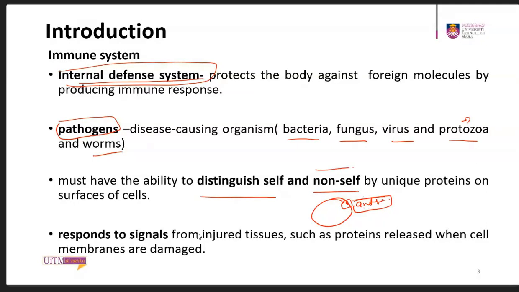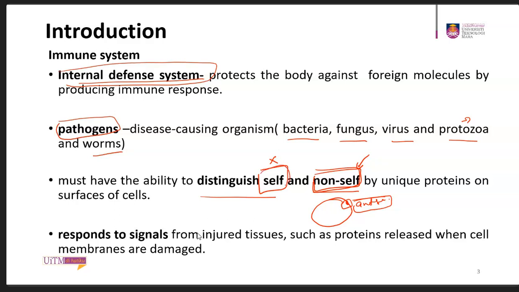If the antigen is from a foreign substance that enters into your body, this is considered non-self. So your immune cell will attack only non-self antigen. Your body is supposed not to attack self antigen.